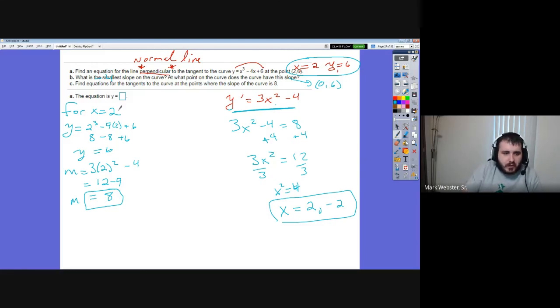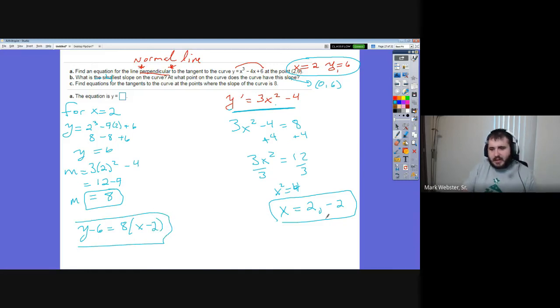And so here's our x, here's our y, here's our m. y minus y1 equals m times (x minus x1). This is for x equals 2. I'm going to leave x equals negative 2 for you to figure out on your own. Okay?